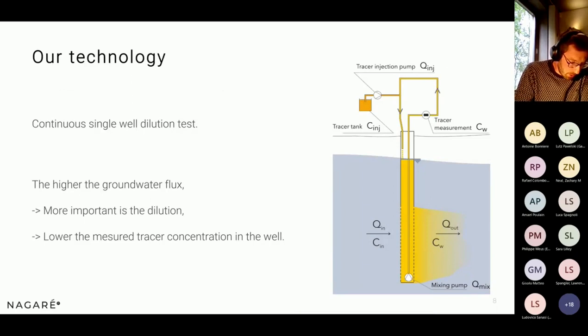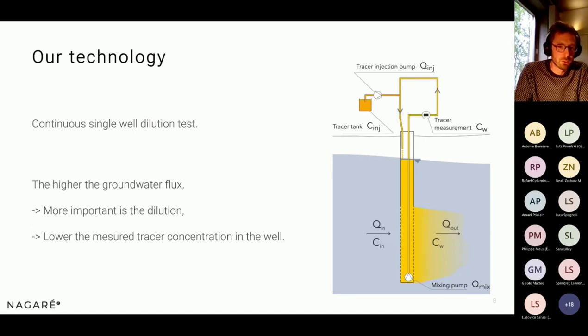This measurement is done by a single well tracer dilution test. This test requires a continuous mixing of the water column in the well to ensure an even distribution of the tracer mass, a tracer that is injected at a low and constant flow rate in the piezometer, and a continuous monitoring of the tracer concentration within the well.